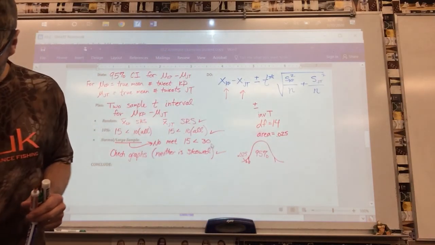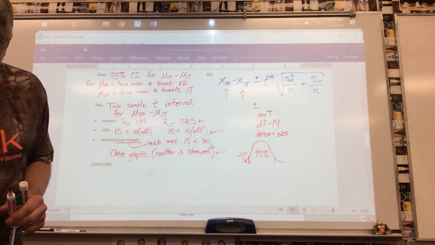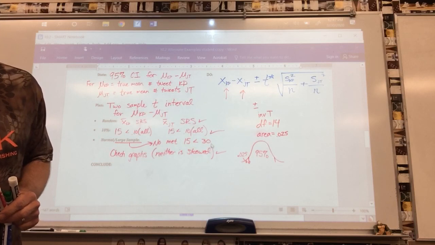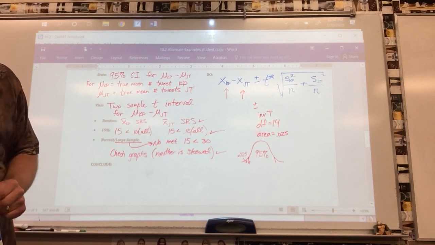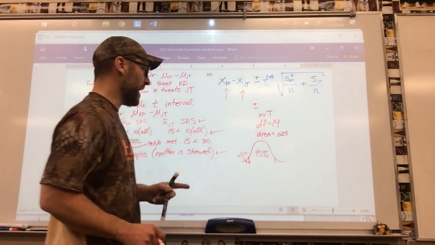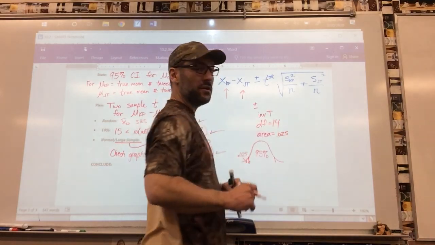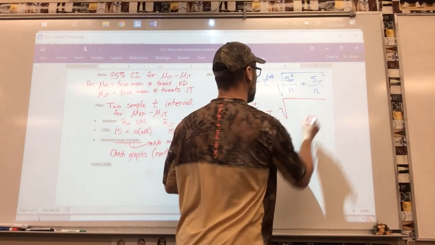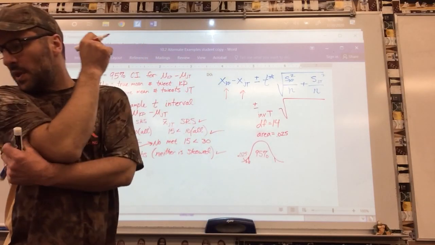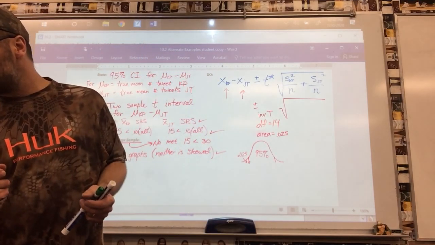And I have a key over here, so I'm going to make sure everything's right. And degrees of freedom is 14. And make sure I'm telling you right. Yeah, that's the right number. So if you do that, you'll find that inverse t value, that t star value. And then you're going to go square root of, and the standard deviations you can get from up in the chart.